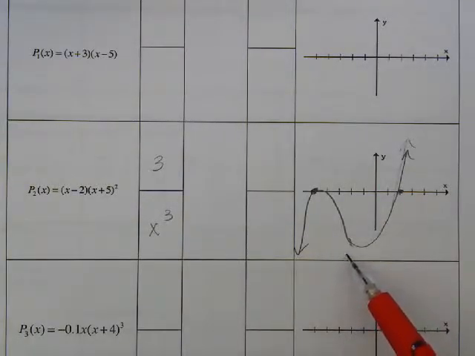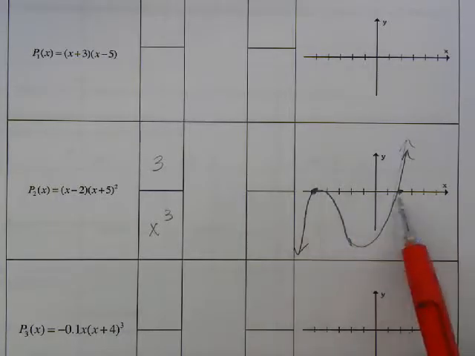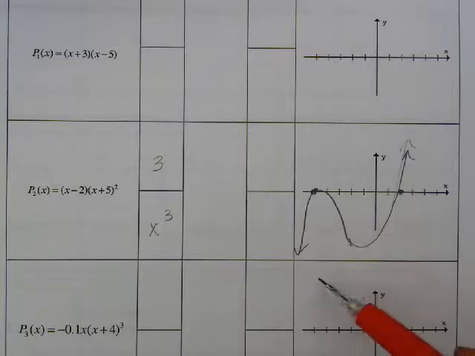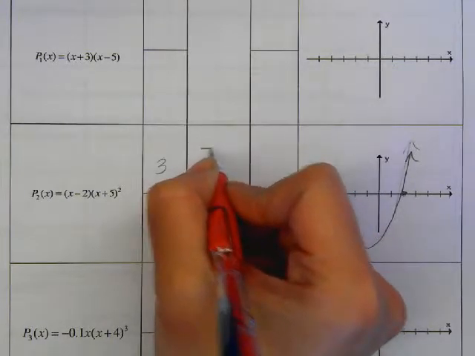So we're not concerned about the scale on the y-axis. What we're most concerned about is what's happening at the x-axis, what types of roots we're dealing with, and our end behavior.